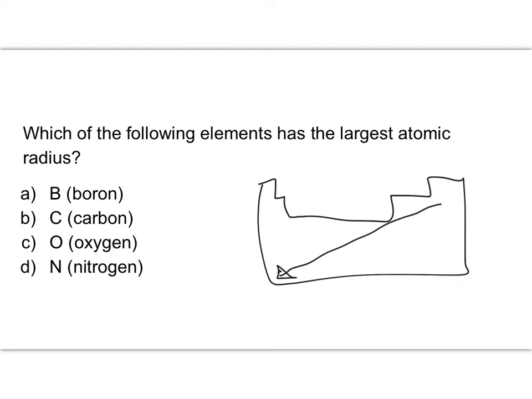It just happens that all 4 of these elements are in the same row, the same period of the periodic table. So you're just looking for whichever one is farthest to the left, which happens to be boron. So the farthest to the left or the farthest down would be the largest radius overall.